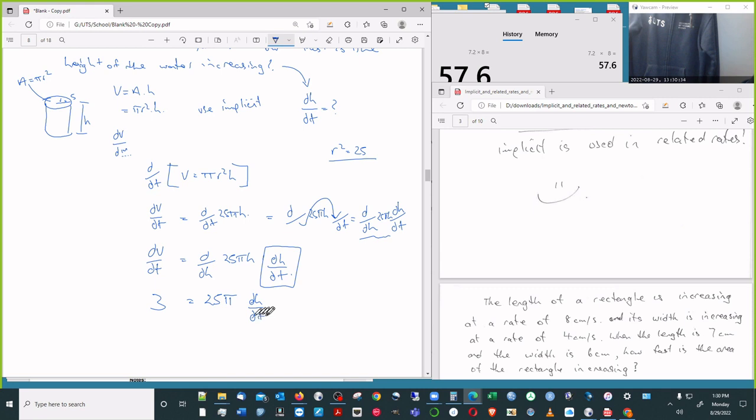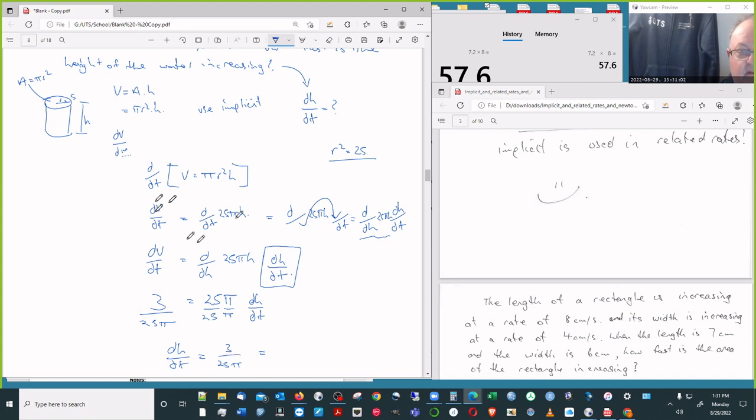So what we'll do now is we'll divide both sides by pi and 25. And our rate, which is the one that we wanted, the height related to time, is 3 over 25 pi, which is a pretty small number. It's got 75, it'll be 3/75, so it's pretty small.